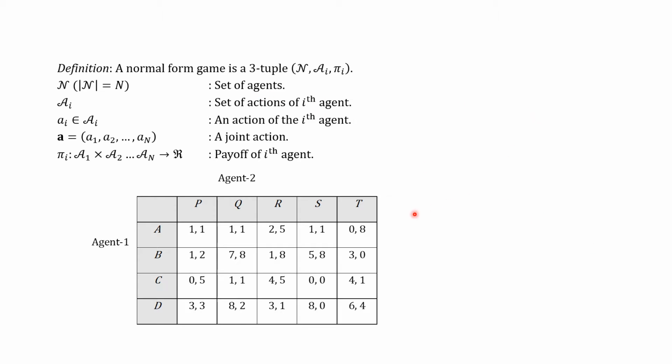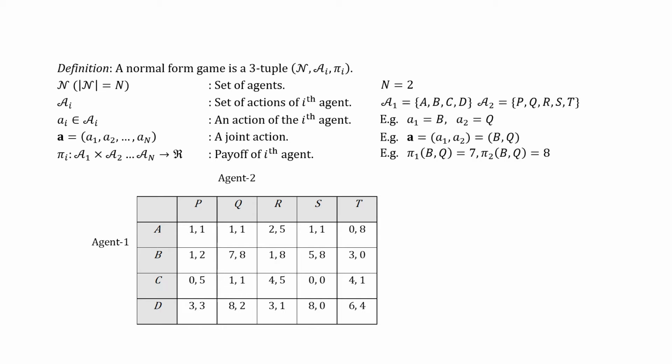So here's an example of a normal form game. This is a bimatrix game, and there are two agents, agent 1 and agent 2. So n equals 2 here, and agent 1 has actions A, B, C, and D available to it. Agent 2 has P, Q, R, S, and T available to it.